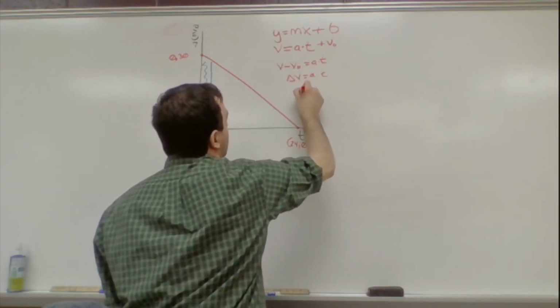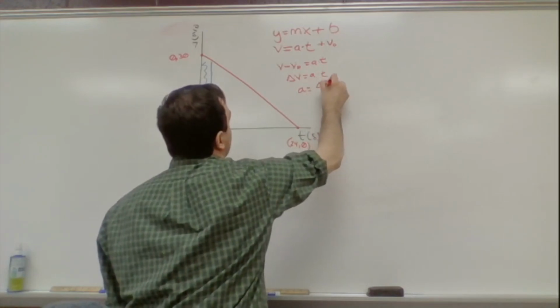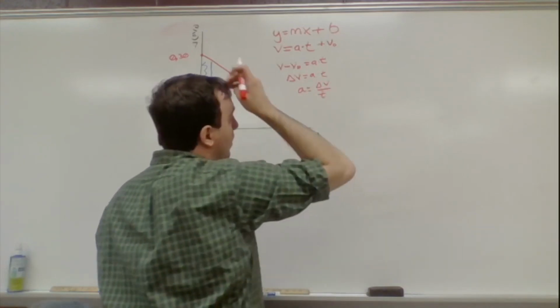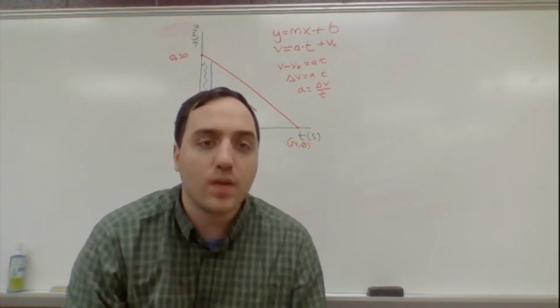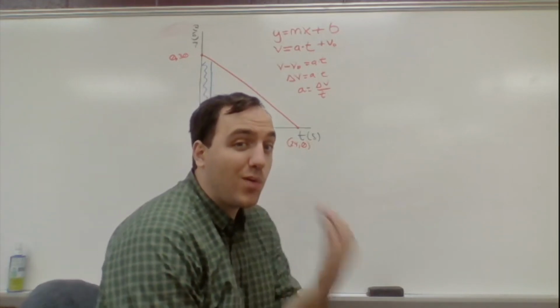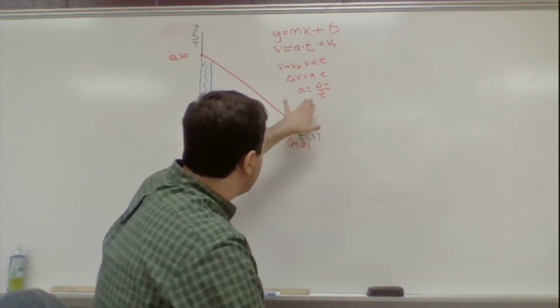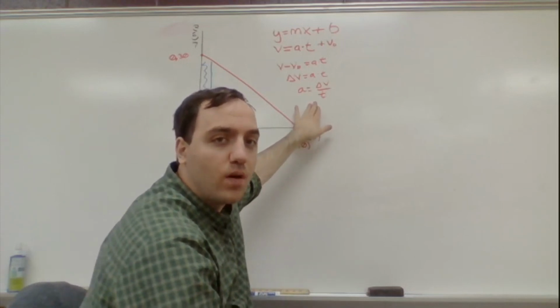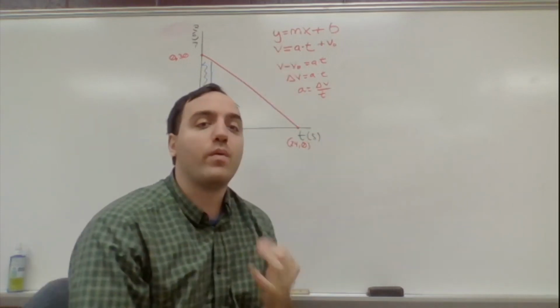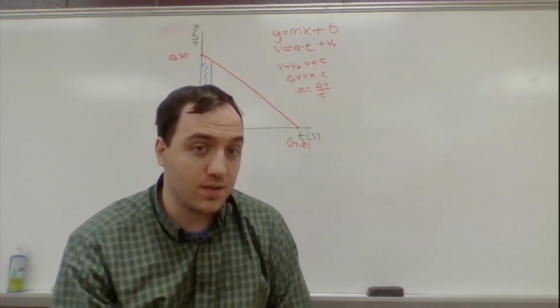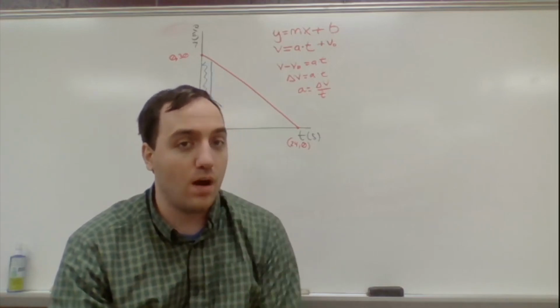Move the t to the other side, a equals delta v over t. Regardless of how you get there, this equation is the definition of acceleration in just a different form. It is the first of what we call the kinematics equations that allow us to solve problems.